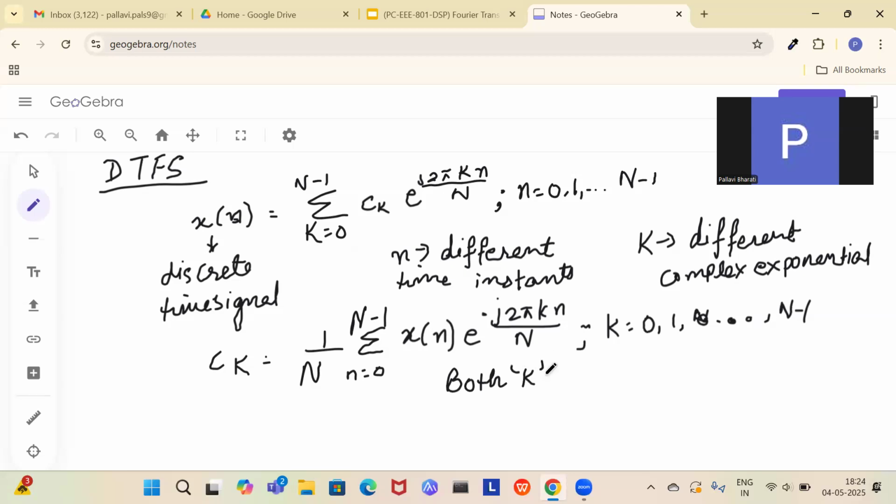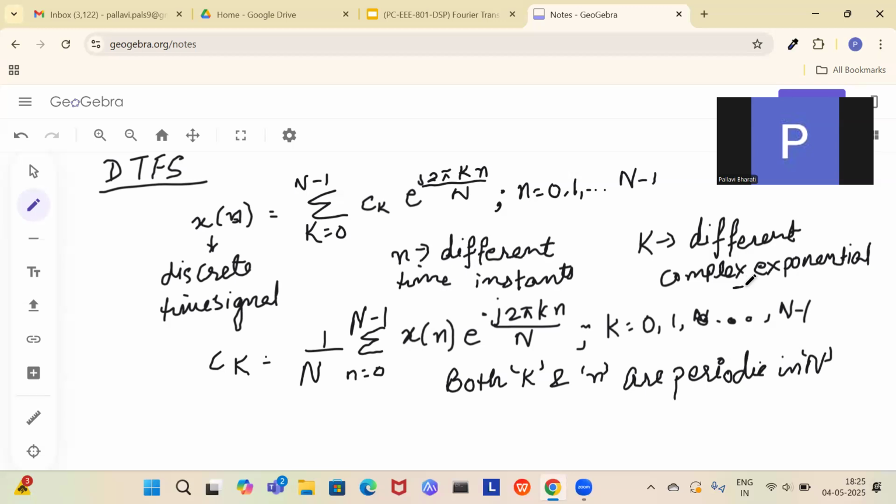Both k and small n are periodic in capital N. That means after every capital N interval, you will have the same type of exponential, and you will have the same value of the function also. That is, at different time instants, you will have the same c_k also.